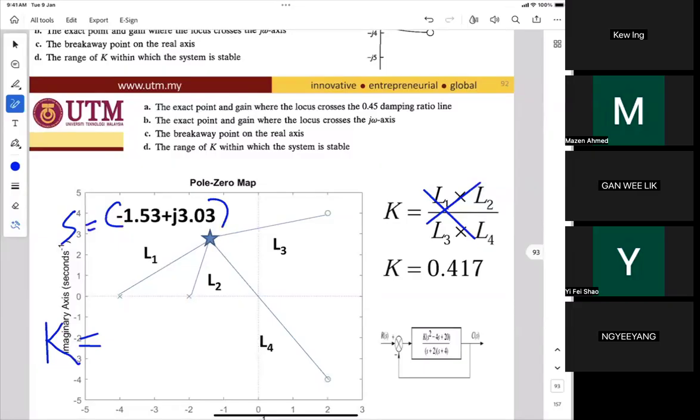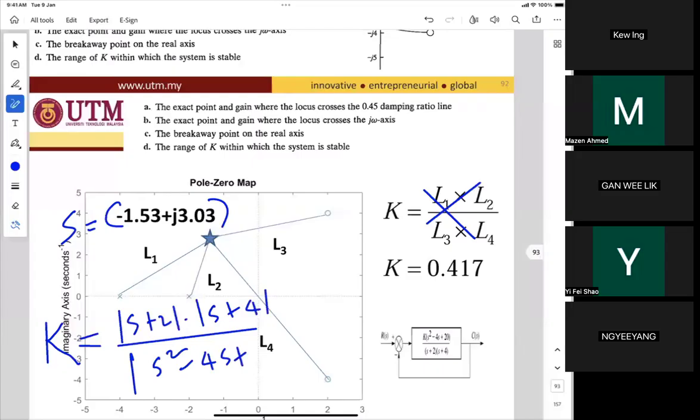Substitute the magnitude of S plus 2, magnitude of S plus 4, over magnitude of S squared minus 4S plus 20.